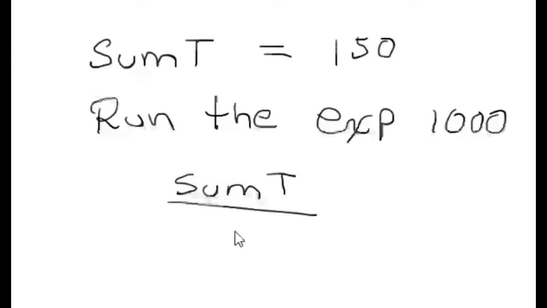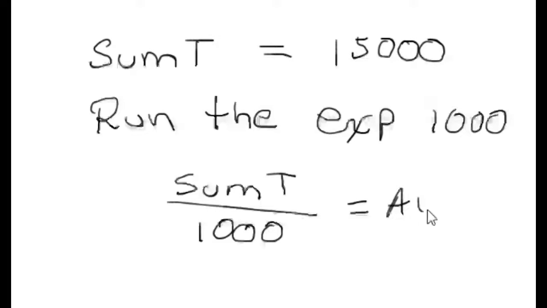To get the average, we take the sum of all the trials and divide it by the number of experiments, the number of times we did that, and that'll give us the average. We'll label it AVG, for average.